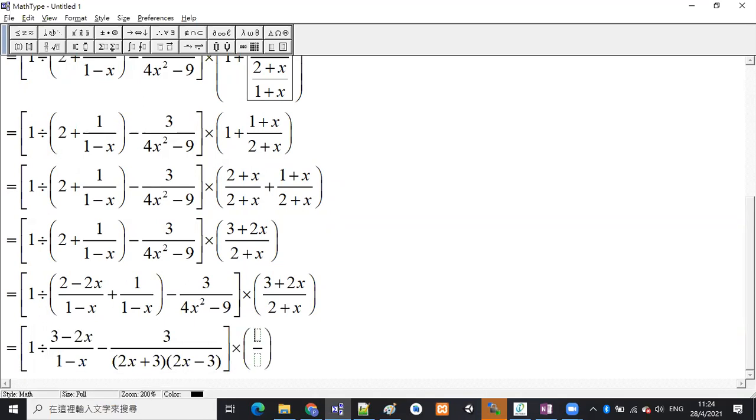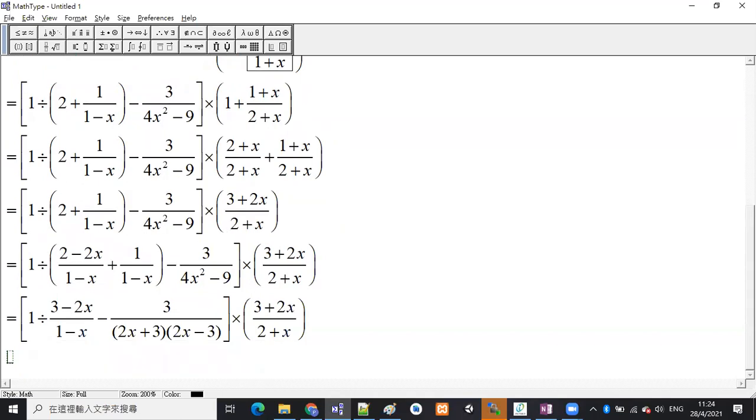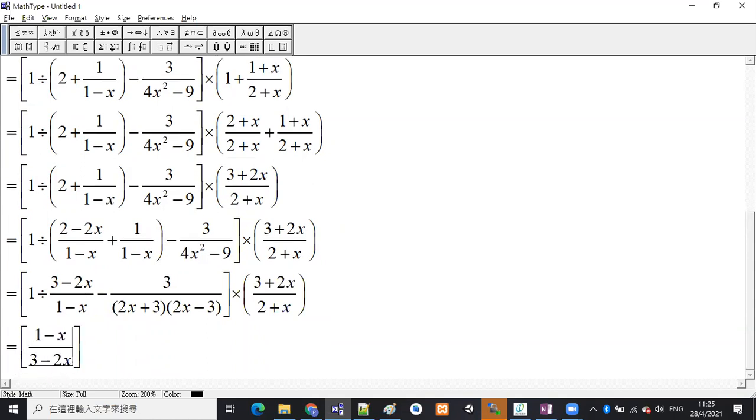And then times 3 plus 2x over 2 plus x. And then 1 divided by a fraction becomes 1 times the reciprocal of that fraction. So it becomes 1 minus x over 3 minus 2x, and then minus 3 over 2x plus 3, 2x minus 3, times 2x plus 3 over x plus 2, okay?